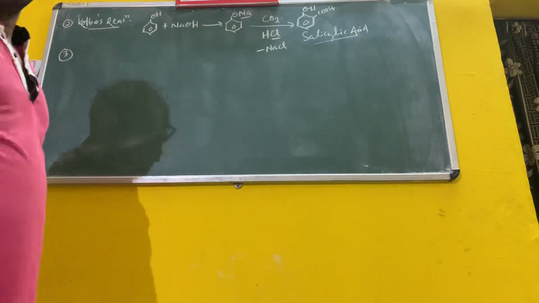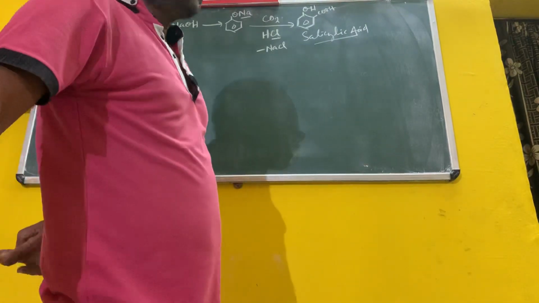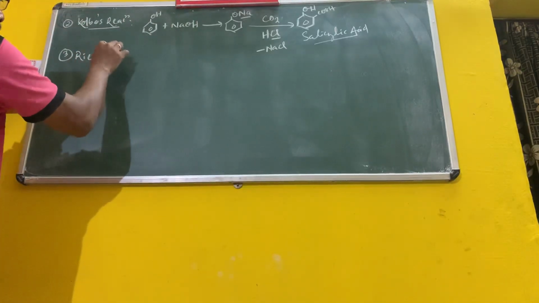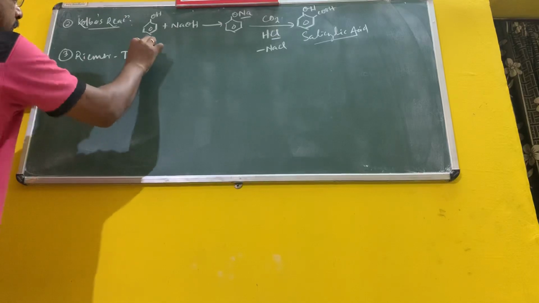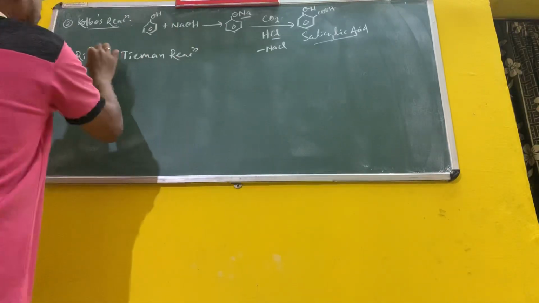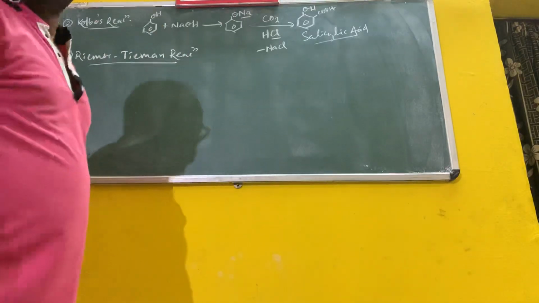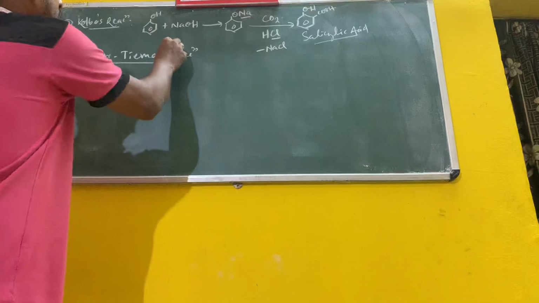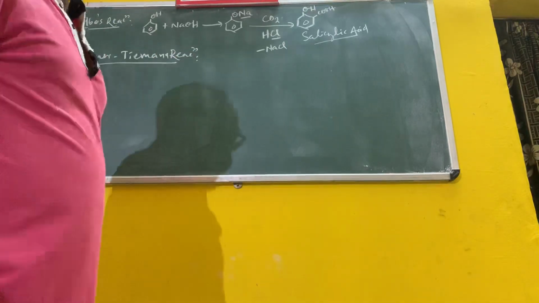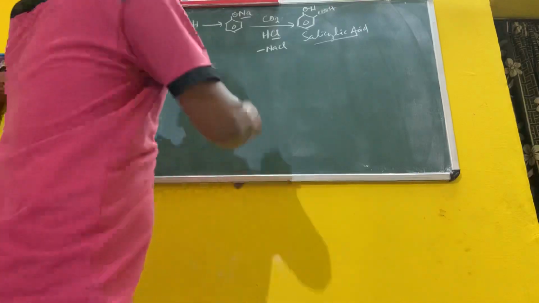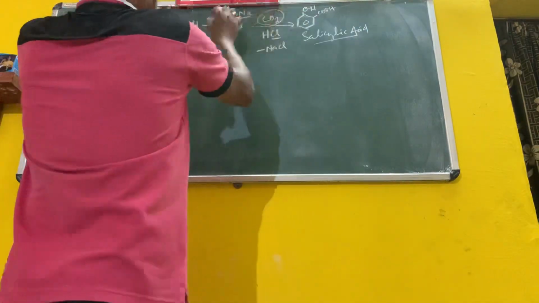Then the third one is the Reimer-Tiemann reaction. In the Reimer-Tiemann reaction, when phenol is again treated with chloroform, here sodium hydroxide, start with sodium hydroxide, this is one important.